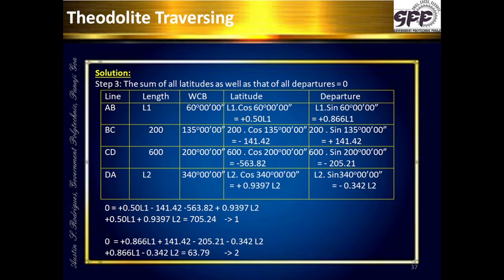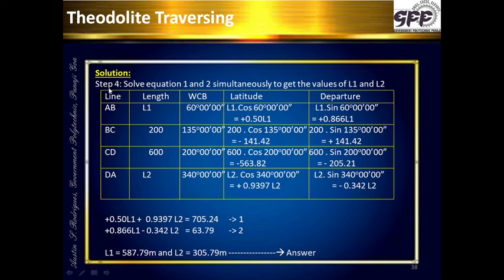Step number 4: solve equations 1 and 2 simultaneously to get the values of L1 and L2. If we solve this, we get the value of L1 as 587.79 meters and L2 as 305.79 meters.